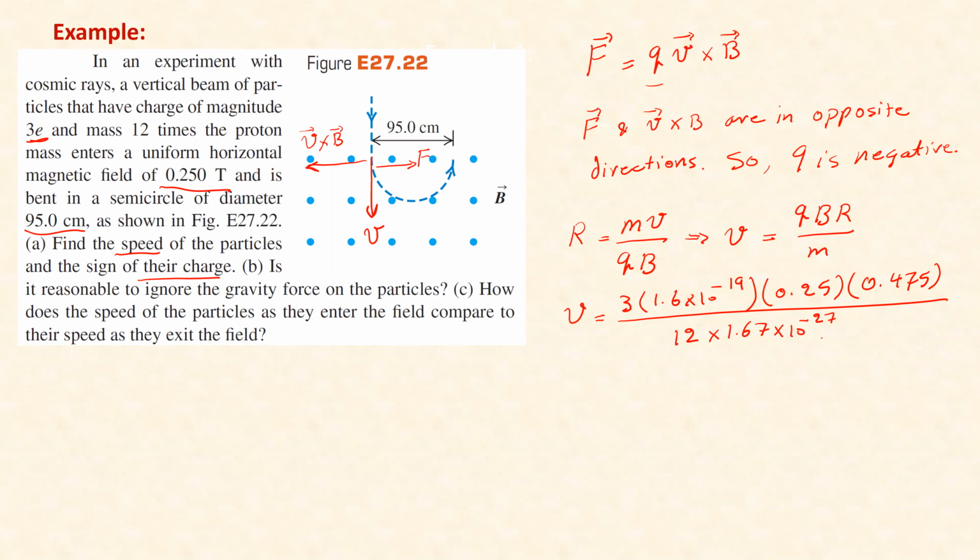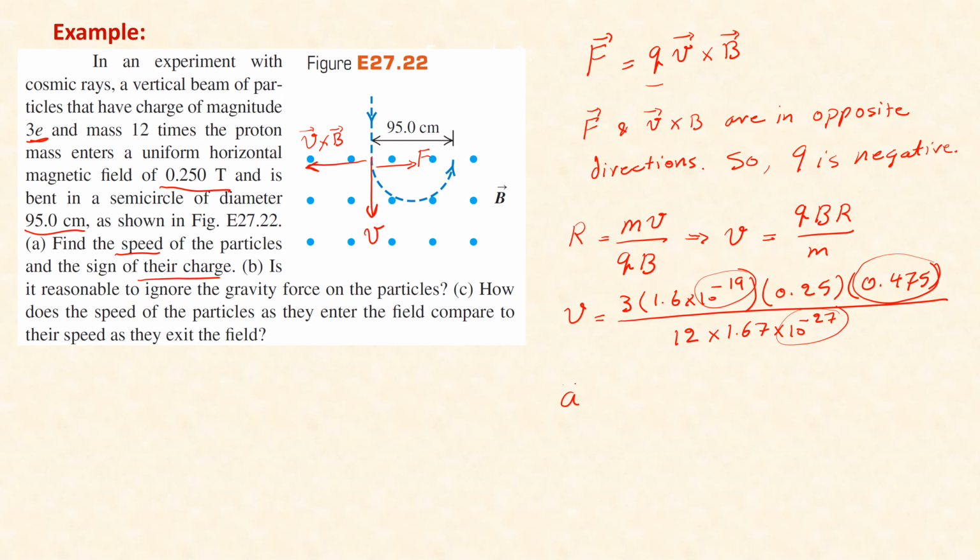What do you think? You see, these are ordinary numbers, 3 times 1.6 and 12, but you have 10 to the 19 over 10 to the negative 27th. That's 10 to the 8th. And the speed of the particles is on the order of 10 to the 7th, and the radius is less than a meter.